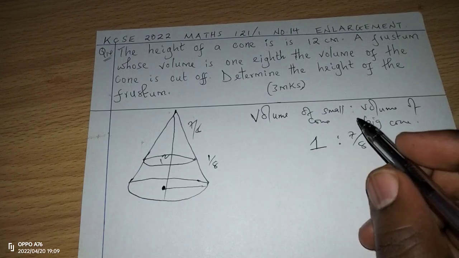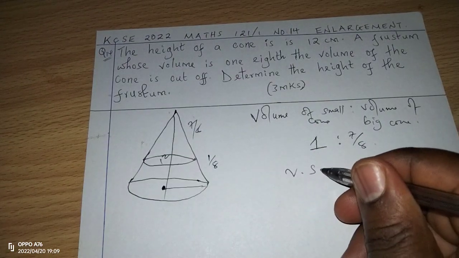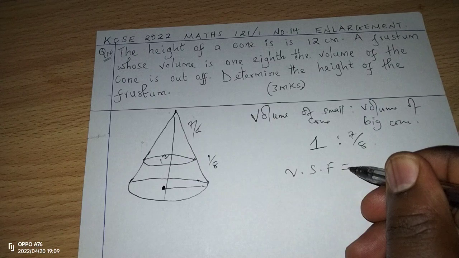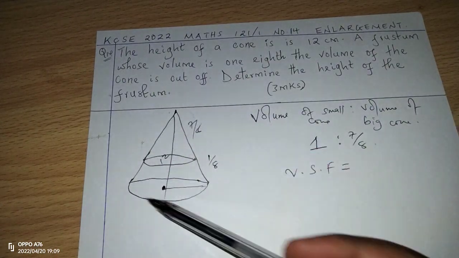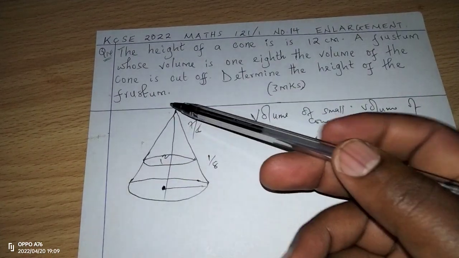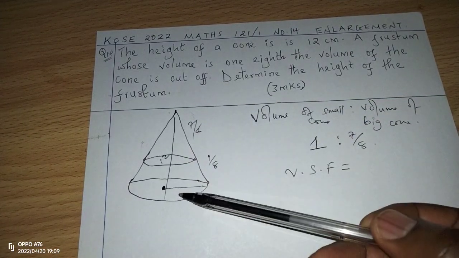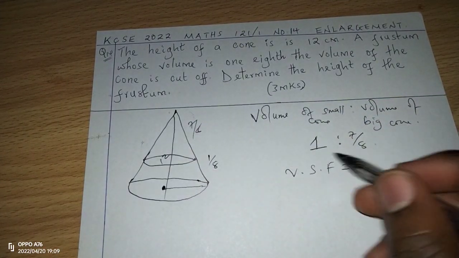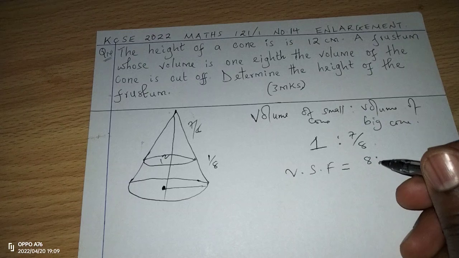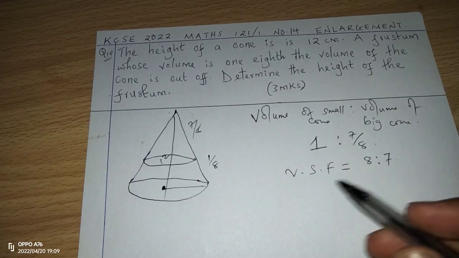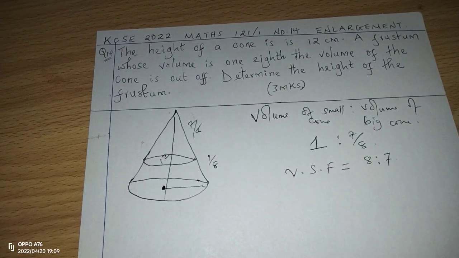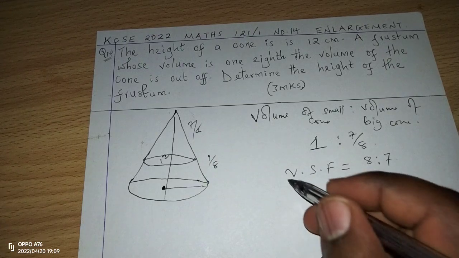Therefore, this means the volume scale factor, when we compare the original cone and the smaller cone which remained after a frustum has been cut off, is going to be 8:7.